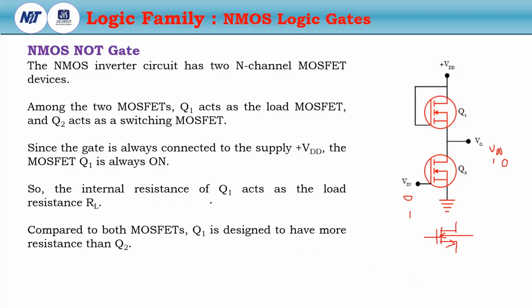The internal resistance of Q1 acts as the load resistance, and for this reason we replace the load resistance. Compared to both MOSFETs, Q1 is designed to have more resistance than Q2. So the internal resistance of Q1 is higher than the internal resistance of Q2.